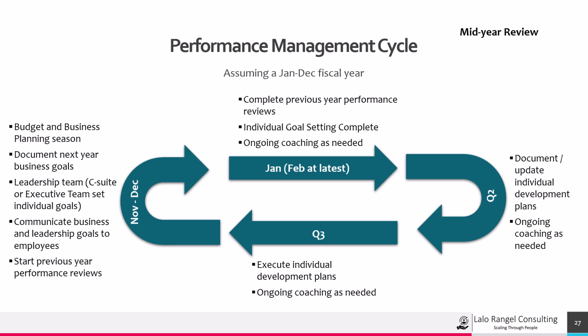This is an example of the different steps that comprise the performance management process, assuming that this company has a January-December fiscal year, in which towards the end of a year, the company is in the budget and business planning season.